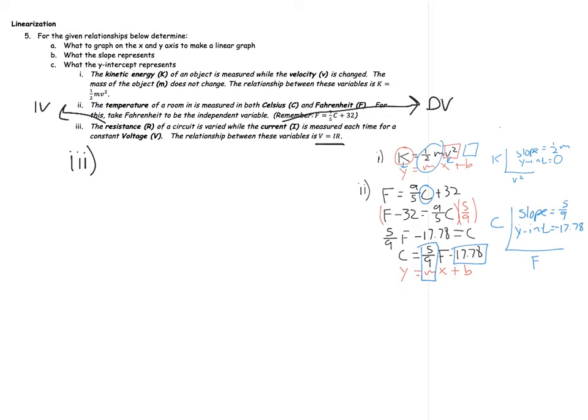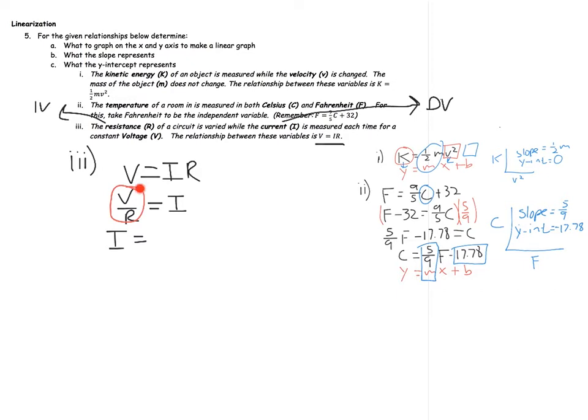So now we're going to start with our equation here, V equals IR. Now I'm going to solve this equation for my dependent variable. So that means I. So I'm going to say V over R is equal to I. The other thing I'm going to do is put the I over on the left side instead. And I'm going to look here at this term, all right? V is a constant here.